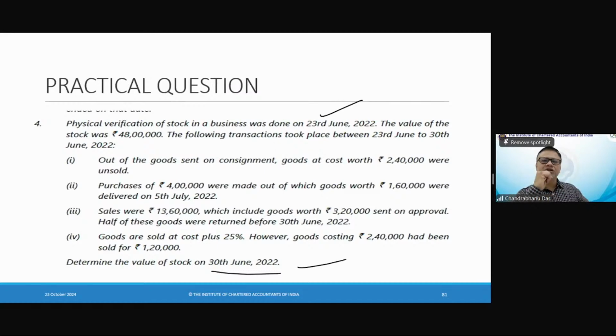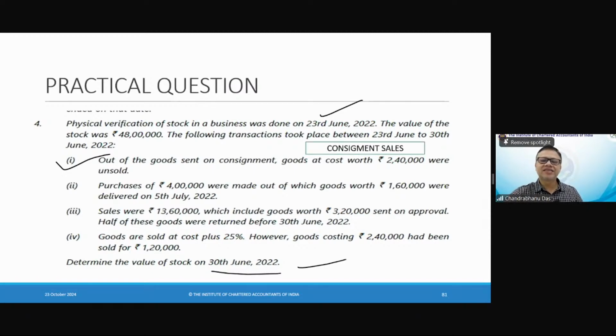Now, for calculating the closing stock, what all information do we have? We have these four pieces of information, and let us go through them one by one. The first information is that out of the goods sent on consignment, goods at cost of 2,40,000 were unsold.